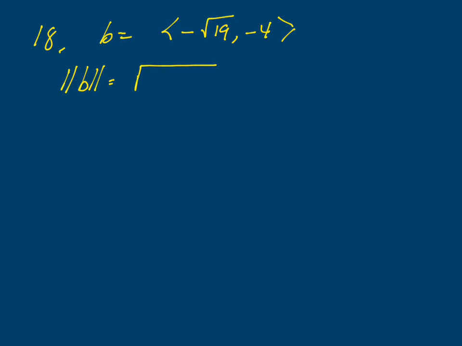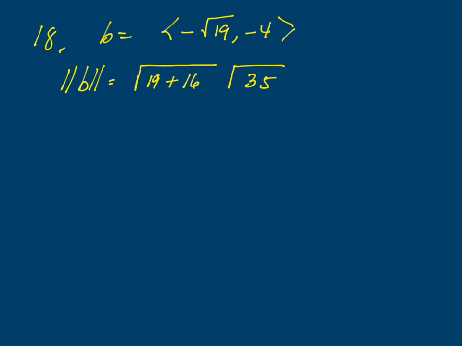We have vector b equals negative square root of 19 and -4. Okay, so the magnitude of b is negative square root of 19 times negative square root of 19 would be 19 plus 16, which is the square root of 35.